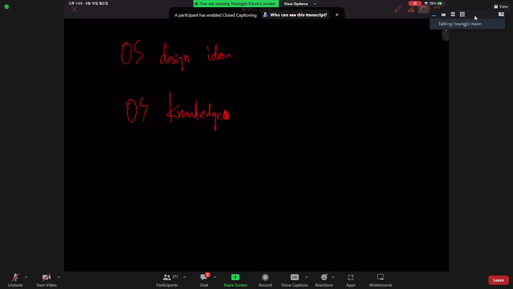So, when you're reading a textbook, in general, when you start an operating system, which one do you want to focus on? What are actually the things you learn from this course? Knowledge, or design idea?